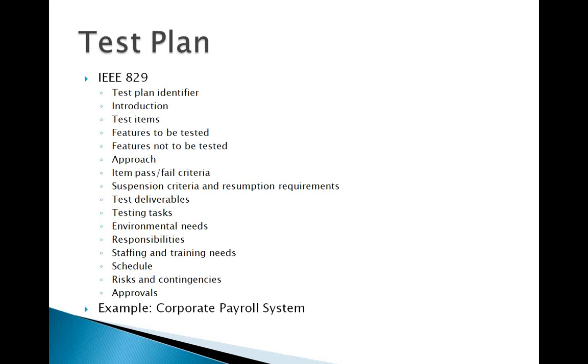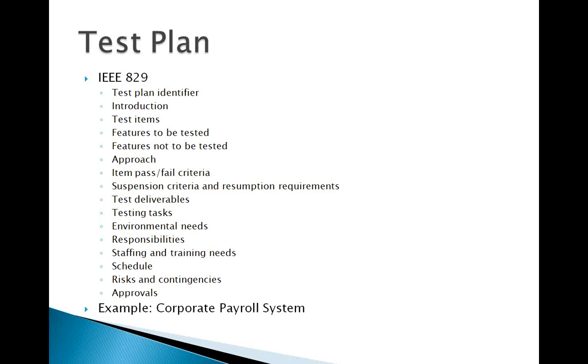So that can be specified in this plan. It could be that if the daily build which comes doesn't pass the build acceptance test, then the testing on that build will be suspended till a new build is released, either the same day or the next day, and then the resumption would be done on the next build. So that could be one of the things.